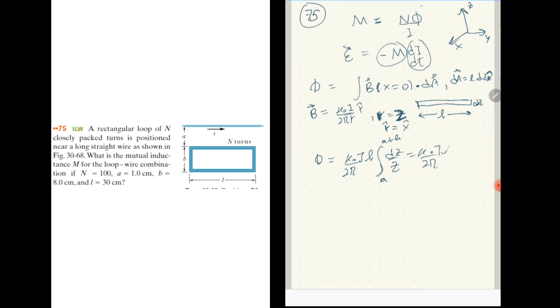Let's do this fast. This is the expression for the magnetic flux, and to determine the multi-inductance we multiply by the factor N, so there is no magic in here. We get the logarithm of (a plus b) divided by a, and divided by the current.